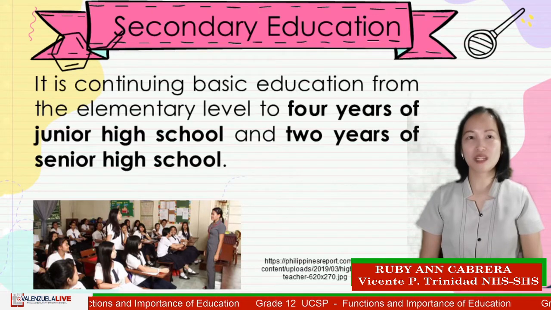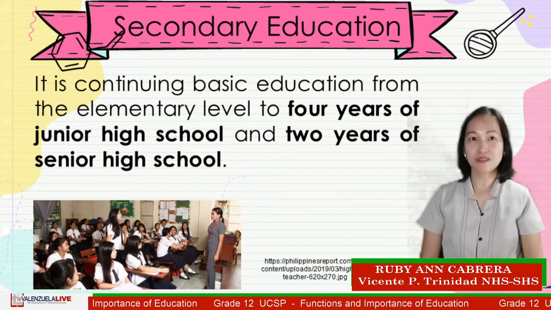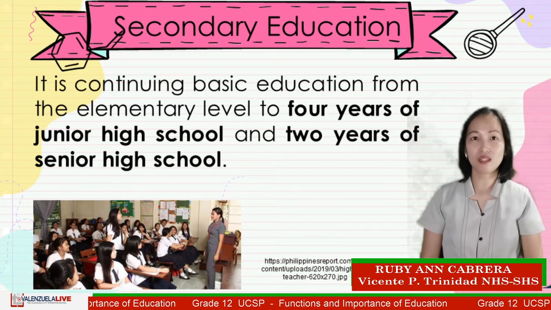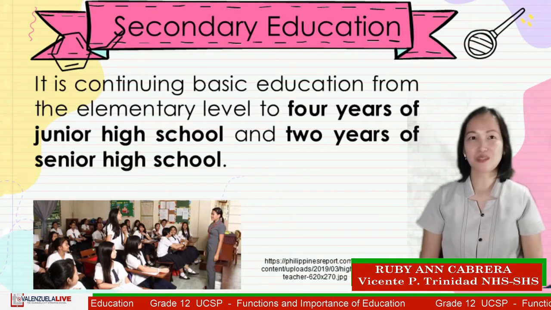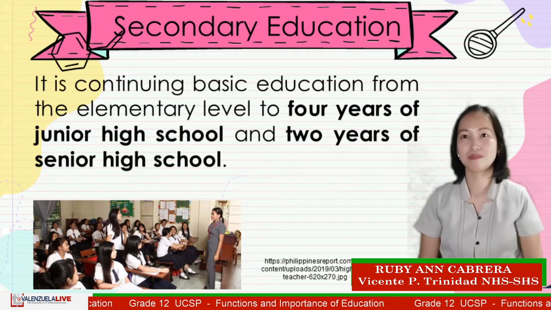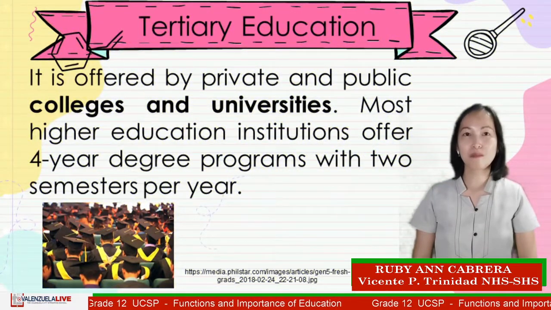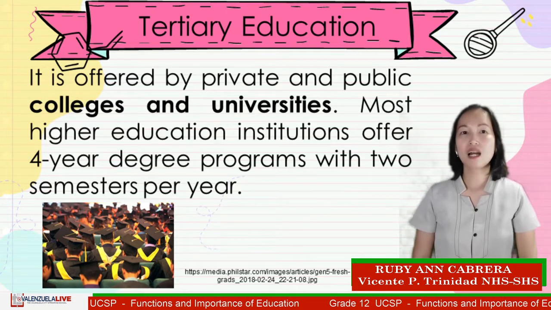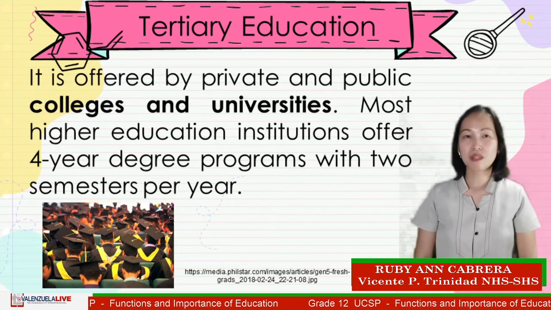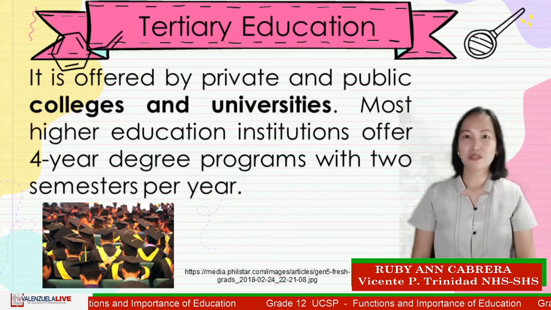Next is secondary education. It is continuing basic education from the elementary level: 4 years of junior high school and 2 years of senior high school.